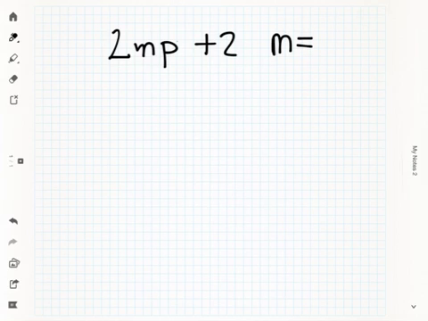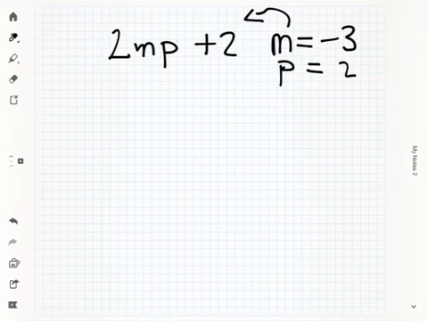What we want to do is, if we have a question that looks like, let's say, 2mp plus 2, and this time I tell you that m really is equal to the number negative 3 and p equals number 2. What I want to know is if you sub in both of those, what does this whole thing equal? Because that's what substitution and evaluation means. Plug in the numbers and find out what you get.